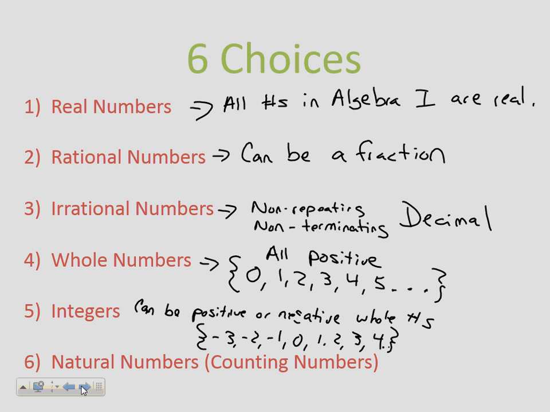Some people think that any negative number, like -2.3, is an integer. No, it's got to be whole. The technical definition is it's a whole number and its opposite. Whole numbers are all the positive ones. The opposites are all the negatives. But it's got to be whole, and it can be either positive or negative.